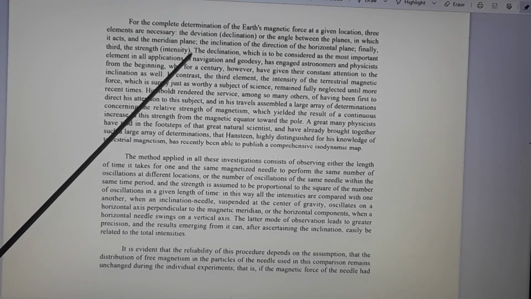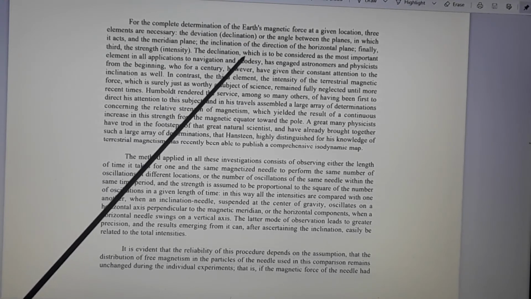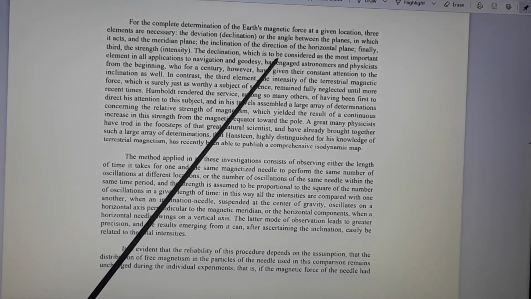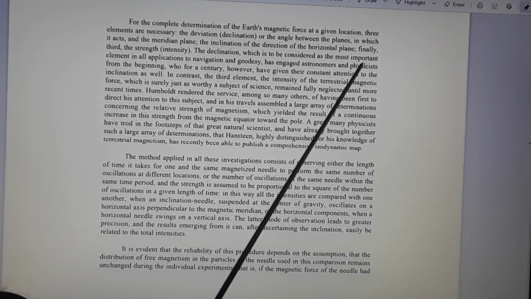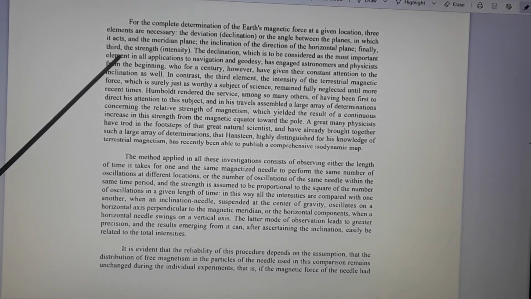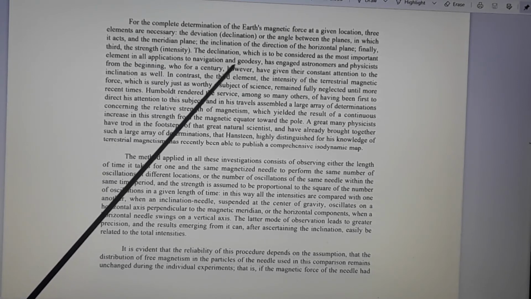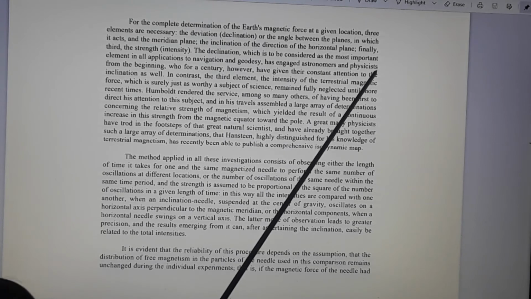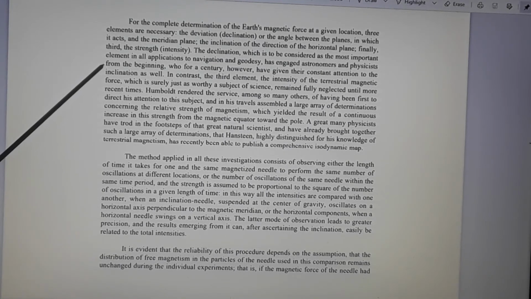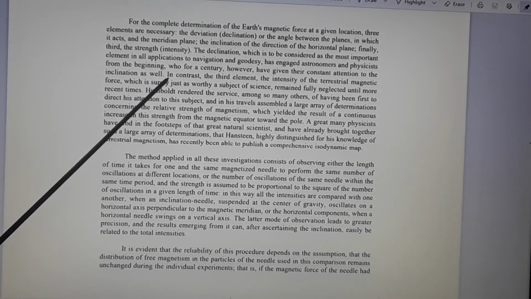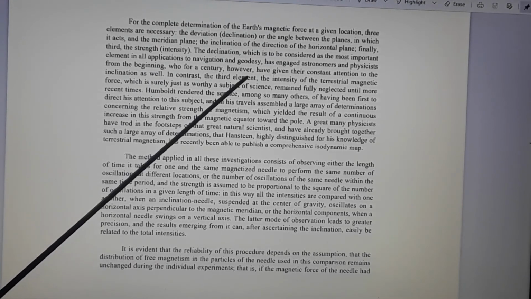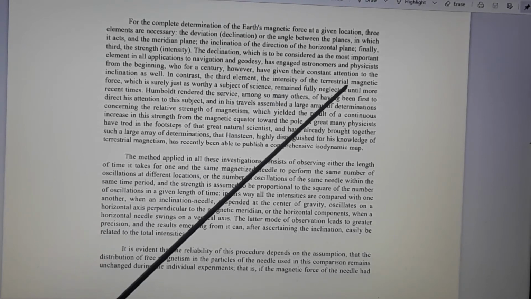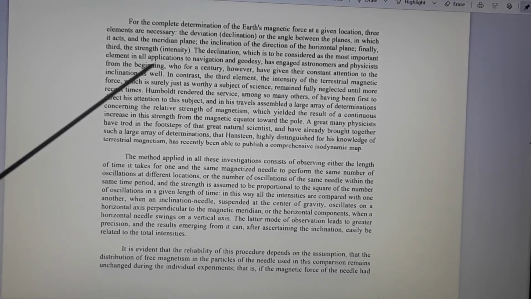The declination, which is to be considered the most important element in all applications to navigation and geodesy, has engaged astronomers and physicists from the beginning, who for a century have given their constant attention to the inclination as well.